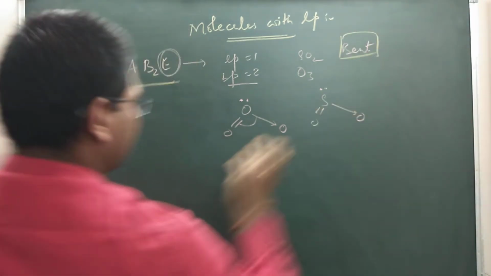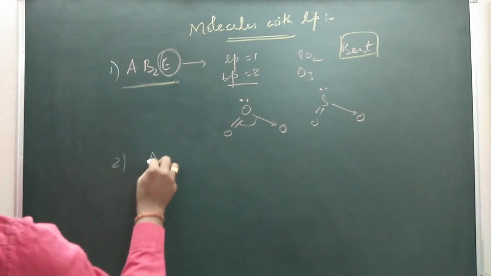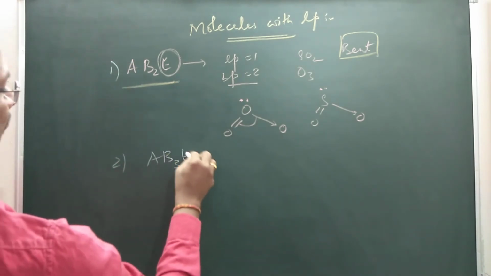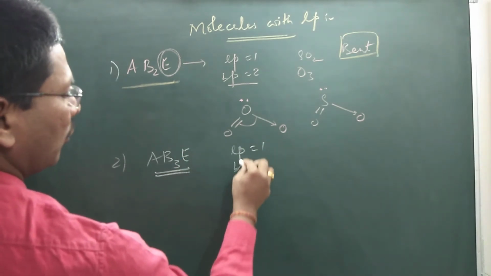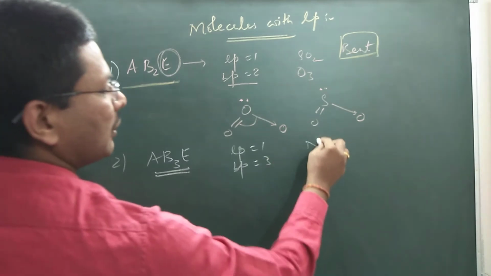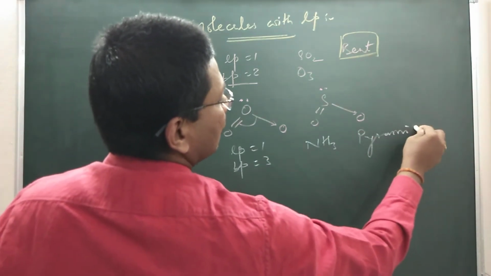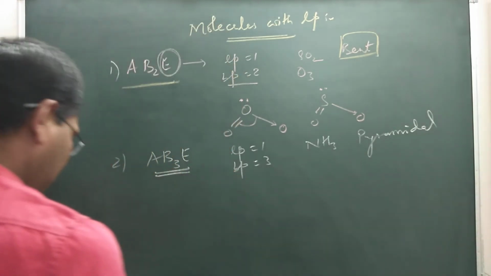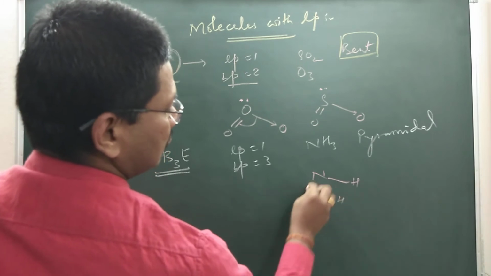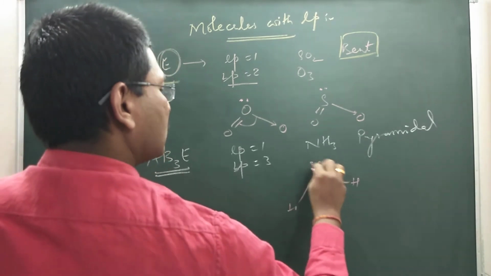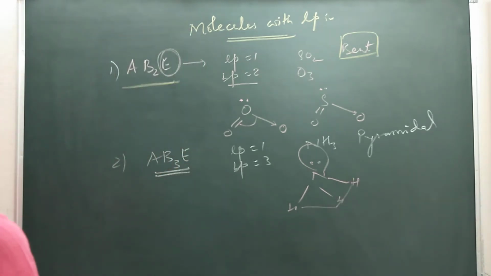Next is AB3E type. Here lone pair is 1, bond pairs are 3. The common example is ammonia and the shape is pyramidal. Let's see the shape of ammonia. These look like a pyramid.